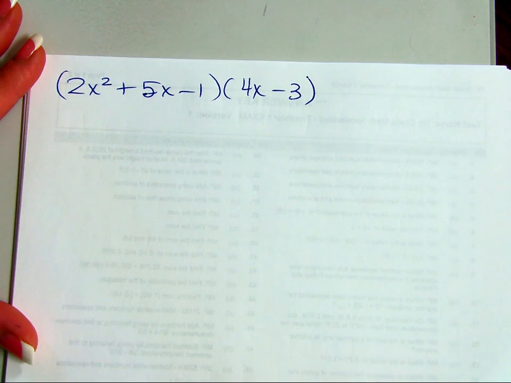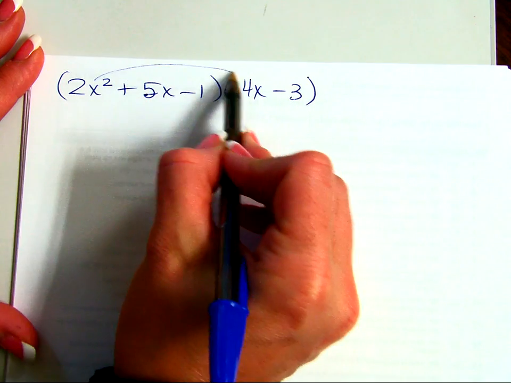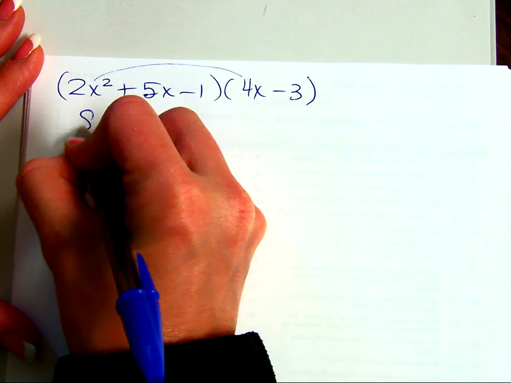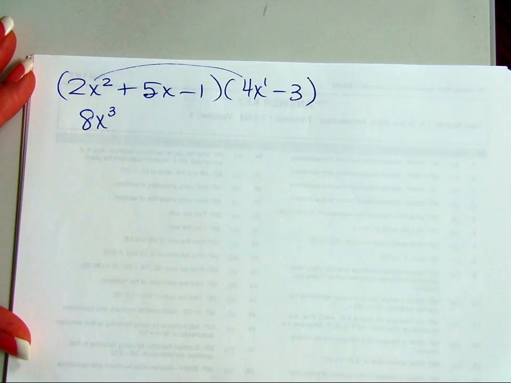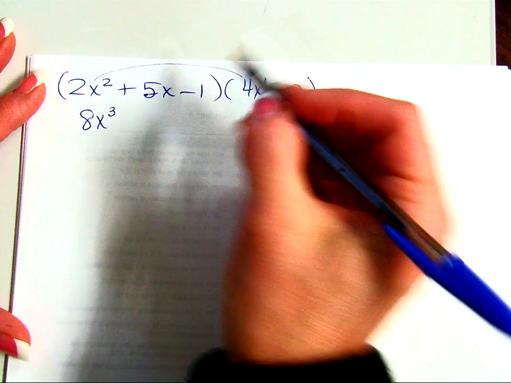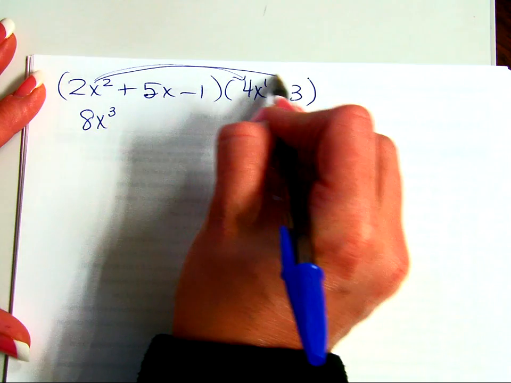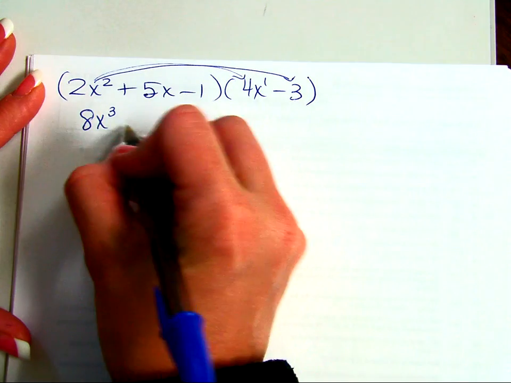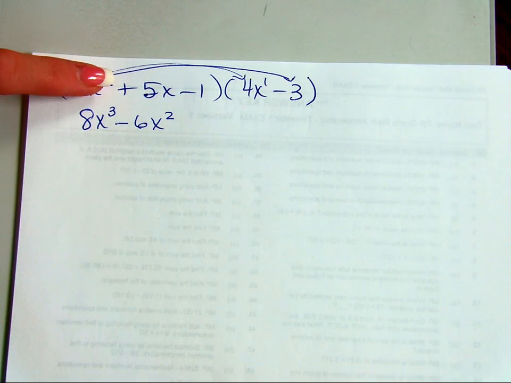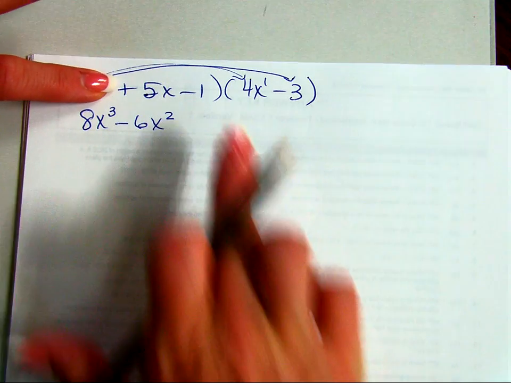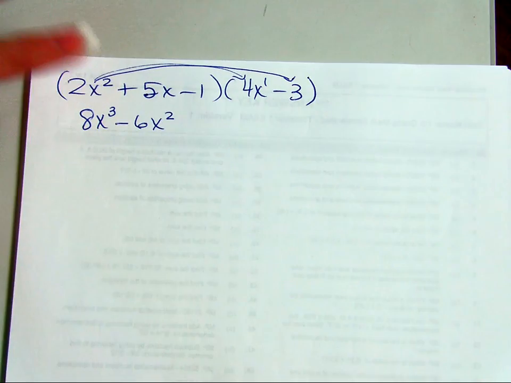So let's distribute. Let's do the 2x squared times the 4x. That's going to give me what? 2 plus 1, 3. Then the 2x squared times the negative 3, and that gives you your negative 6x squared. Done with the 2x squared. Now let's distribute the 5x.